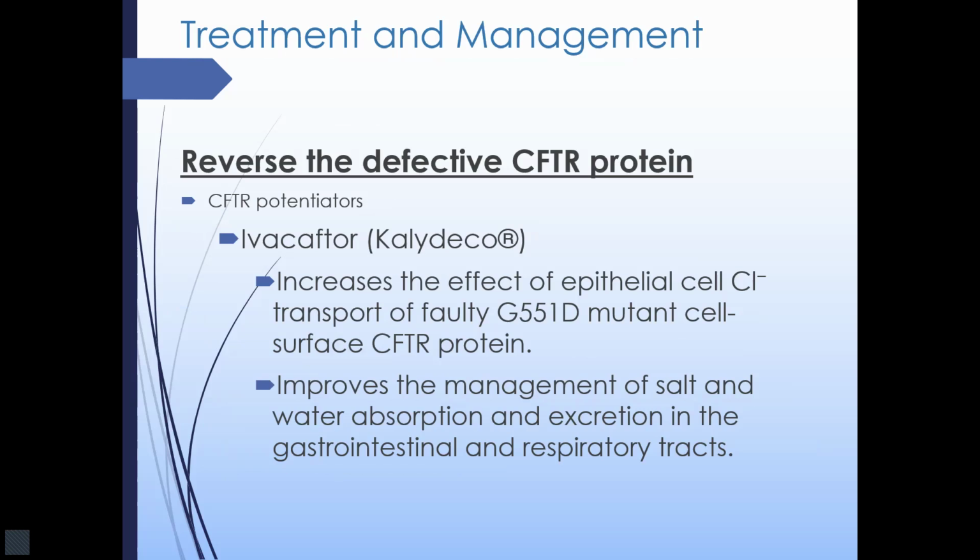And then probably the most effective and the coolest thing that's happened in the past 25 years is reversing the defective CFTR protein. We call those CFTR modulators. There are several out on the market, but basically what they do is they support and or plug holes and or make the CFTR protein work where it didn't work before.